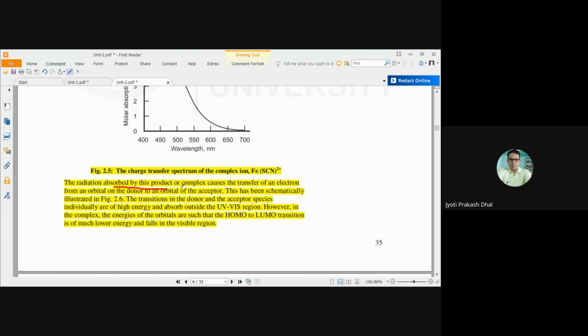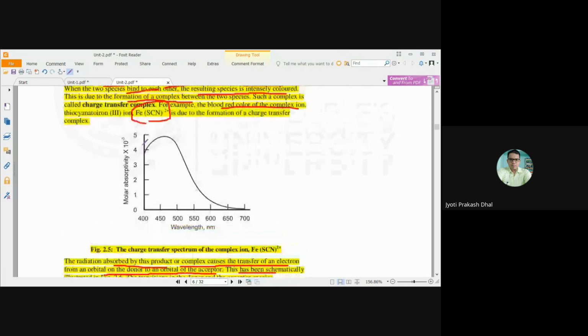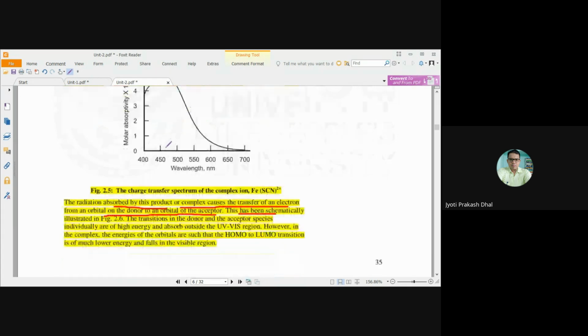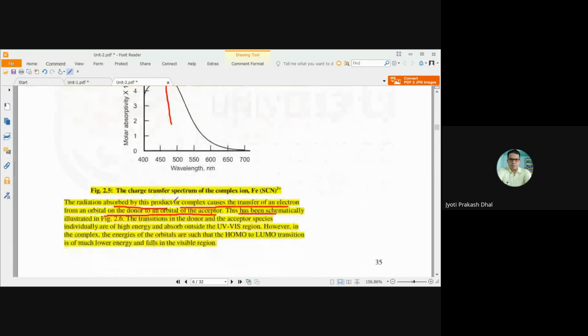The radiation absorbed by this complex causes the charge transfer of an electron from an orbital in the donor to an orbital of the acceptor. This has been schematically shown in the figure. Due to the charge transfer spectra, the species FeSCN 2 plus will absorb at a wavelength of around 470 nanometer.